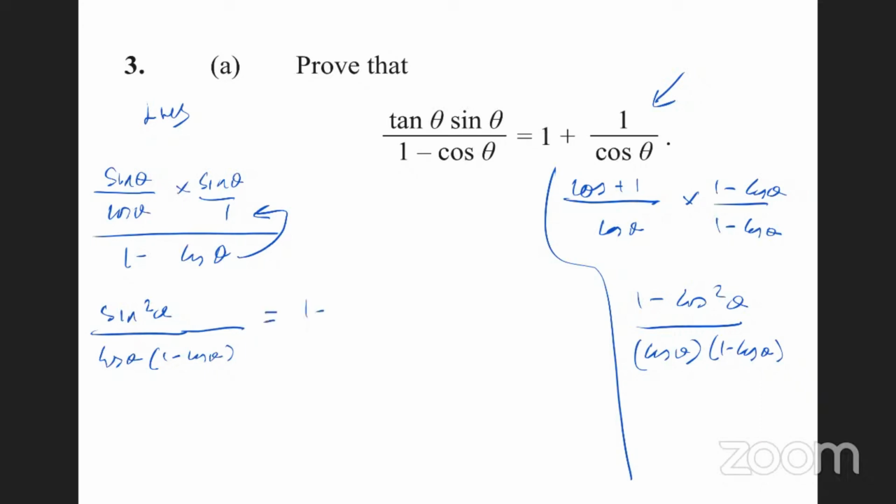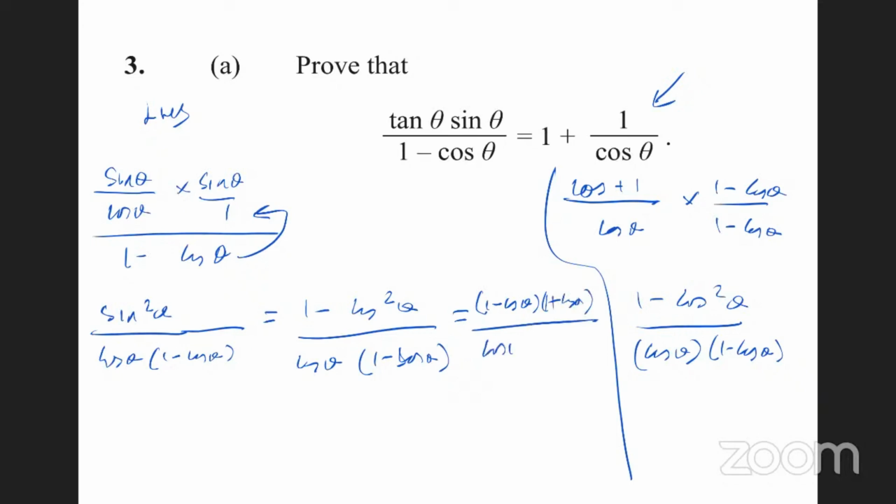Sine squared is 1 minus cos squared, all over cos theta times 1 minus cos theta. 1 minus cos squared is 1 minus cos times 1 plus cos. This will cancel with this, and you'll get 1 plus cos theta over cos theta. When you divide it up, that will give you 1 plus 1 over cos theta. That's it.